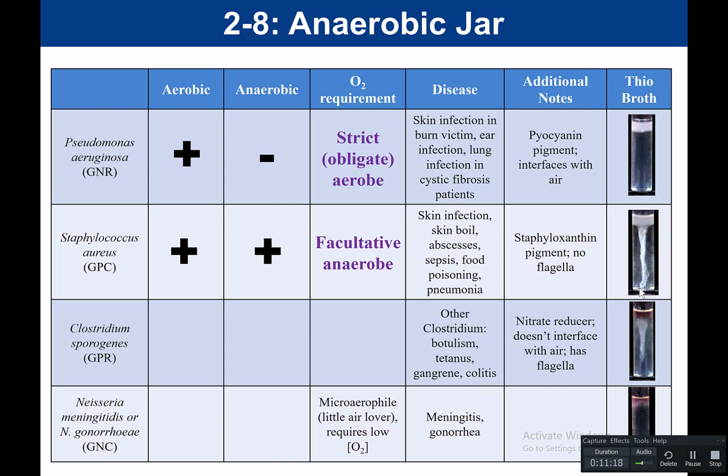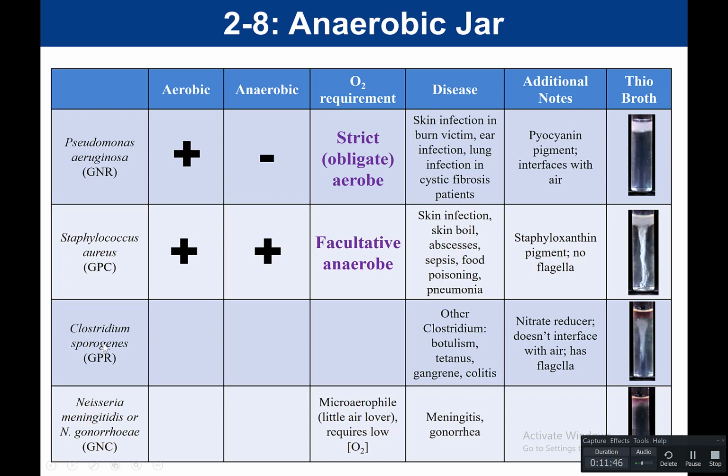E. coli is going to basically grow more throughout the bottom, meaning all throughout, but that's because E. coli is motile. It has flagella, and it can move through the agar. In the case of Staph aureus, it still grows aerobic and anaerobic, but notice that it looks a little bit different anaerobically simply because of its lack of motility.